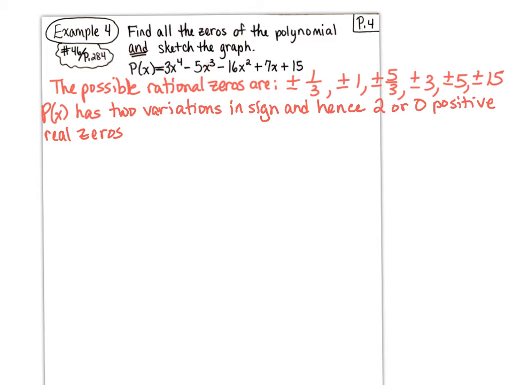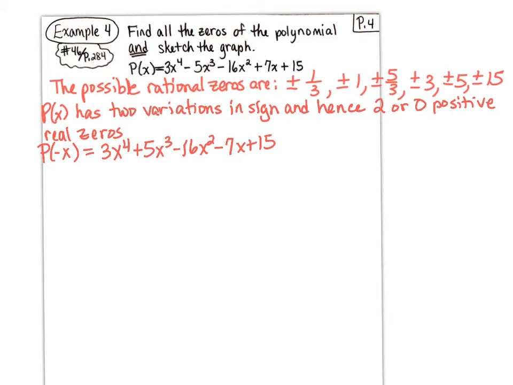All right, so now we need to look at what? P of negative x. Good. What's P of negative x? 3x to the 4th plus 5x cubed minus 16x squared minus 7x plus 15. Good.